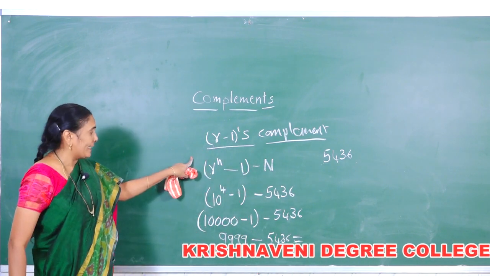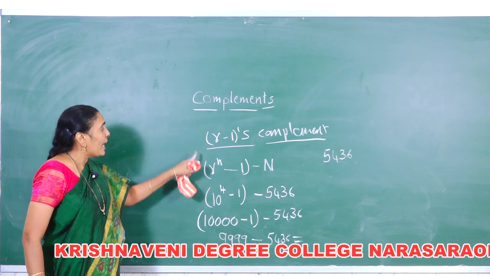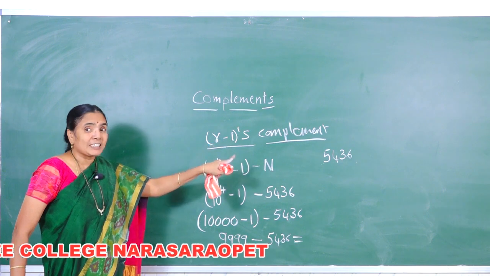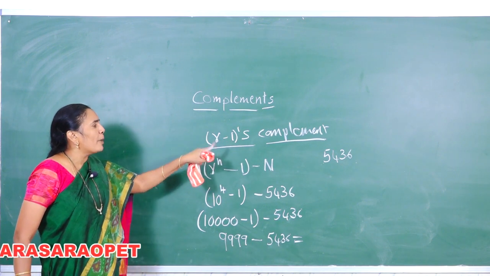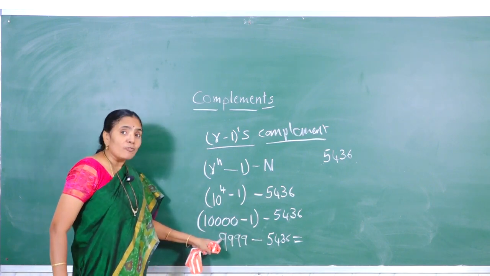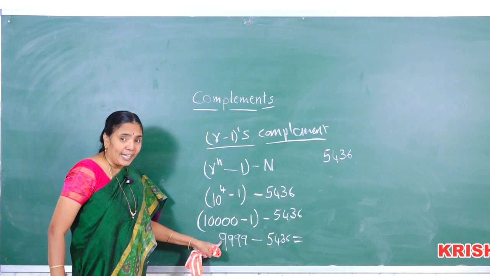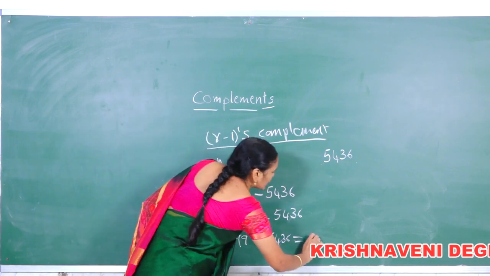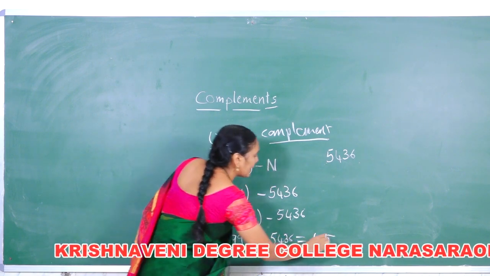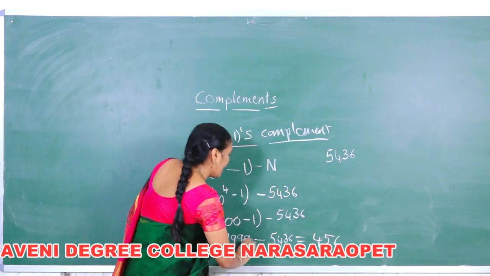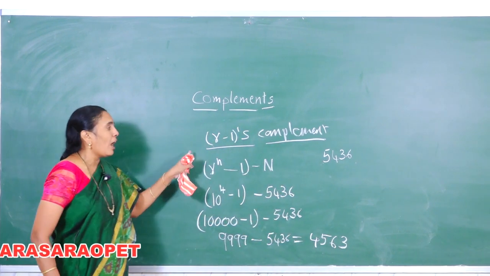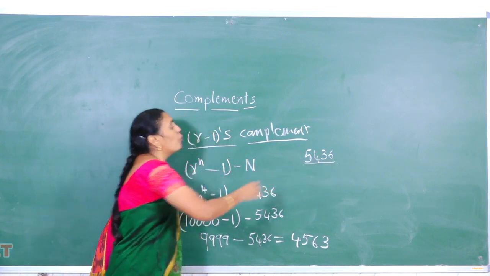From this explanation, when I want to find the r minus 1's complement, that is the 9's complement of a decimal number, I have to subtract each digit from the decimal digit 9. 9 minus 5 is 4, 9 minus 4 is 5, 9 minus 3 is 6, 9 minus 6 is 3. This is the 9's complement of the given number 5436.